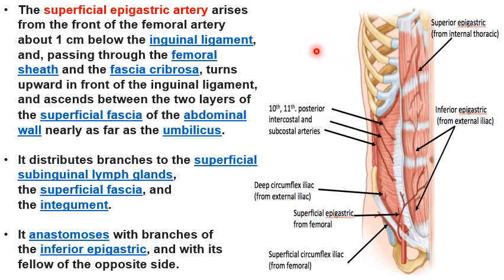Yes, coming to the superficial epigastric artery. This is the superficial epigastric artery, this one. Now this arises just about 1 centimeter below the inguinal ligament from the femoral artery, and it passes through the femoral sheath.